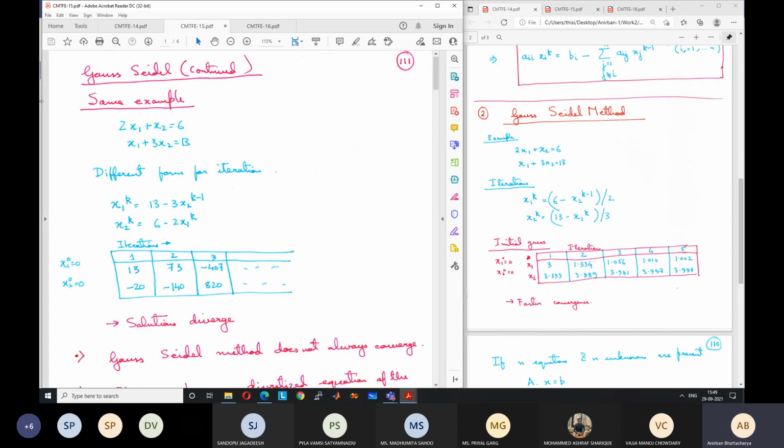But we have used the same equations. Our equations are the same, our variables are the same. We have just changed the order in which we are trying to calculate, but that itself has led to this drastic change. Okay. So in one case we are going to the correct solution, in one case we are going to a completely wrong solution. After a few steps you will see that the solution becomes infinity.